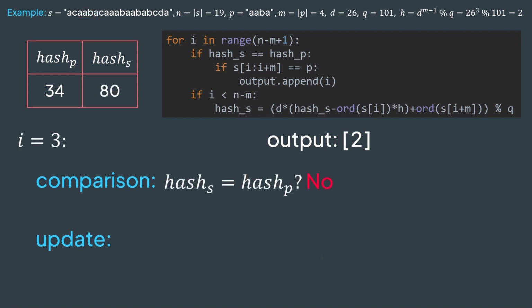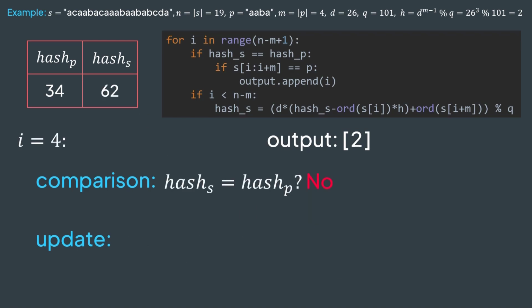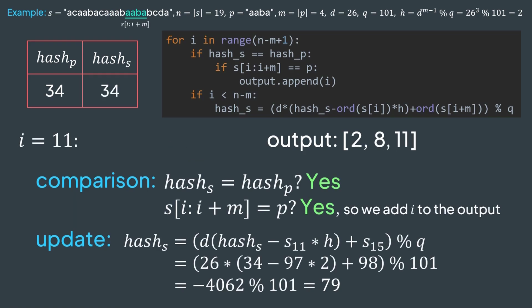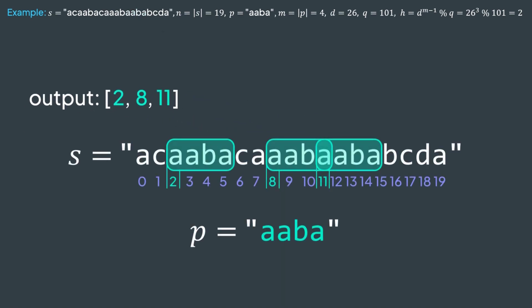Next iteration, no match, we update, we get 62. And it continues like this for remaining iterations. The result is that we can find p in s in 3 locations, at indexes 2, 8, and 11, which is true. Our algorithm worked.